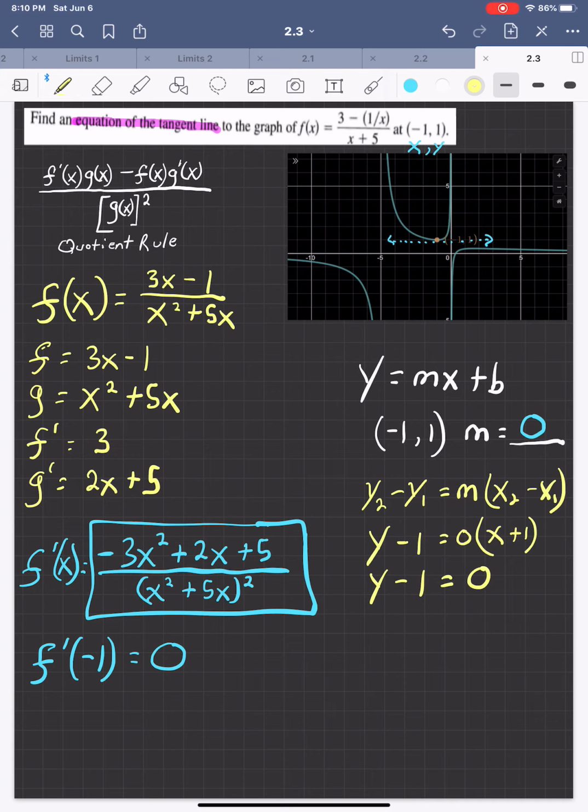But we need it in y equals mx plus b form. All we have to do is move that 1 to the other side. So y equals 1. That's the equation. This blue dotted line I have here is y equals 1. That's the line that runs tangential to the point on that graph.